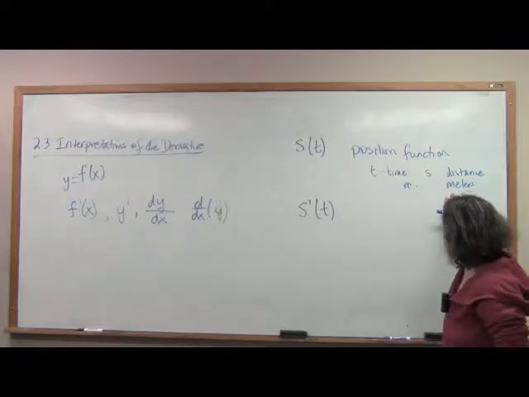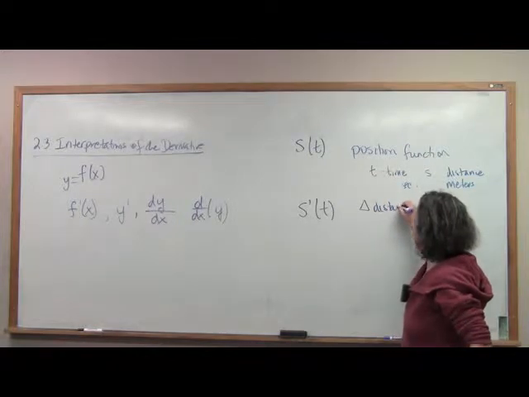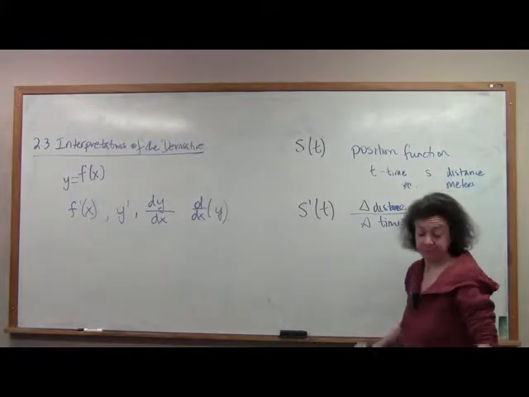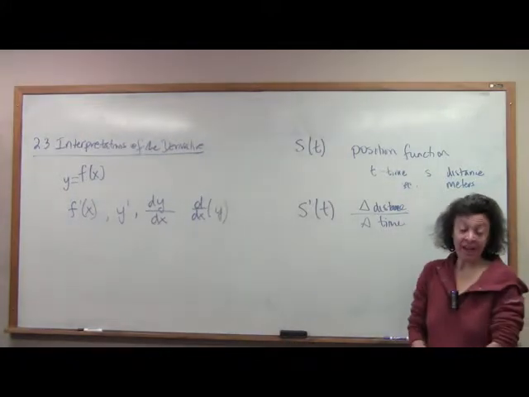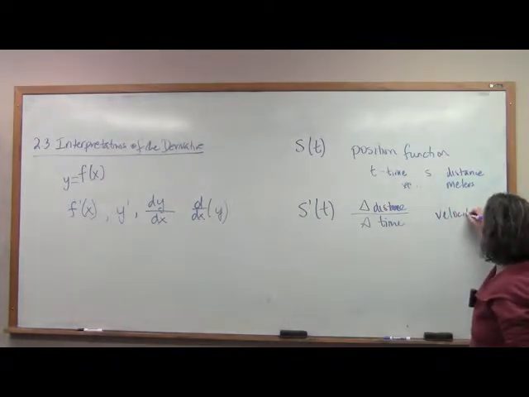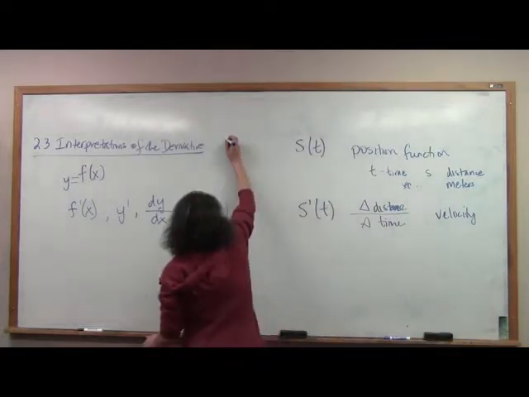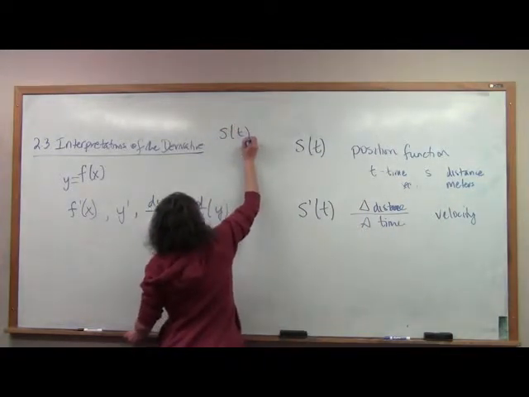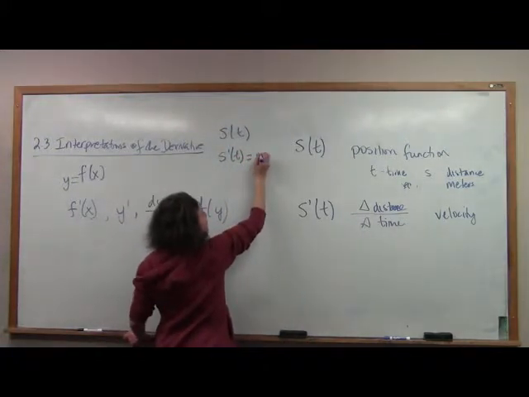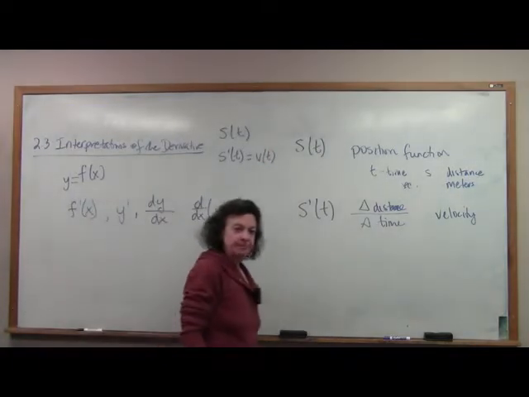Well, notice that my function values are my distance, so it's the change in distance over the change in time. And I claim we actually have a real world term for that. That's called our velocity or our speed. So, one thing that we're seeing is that if we have a function s of t, and that's our position function, the derivative is precisely the velocity.